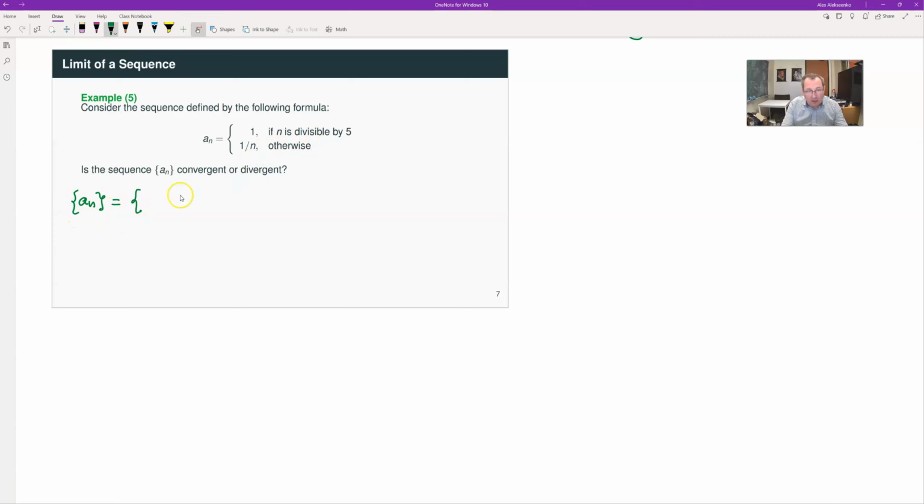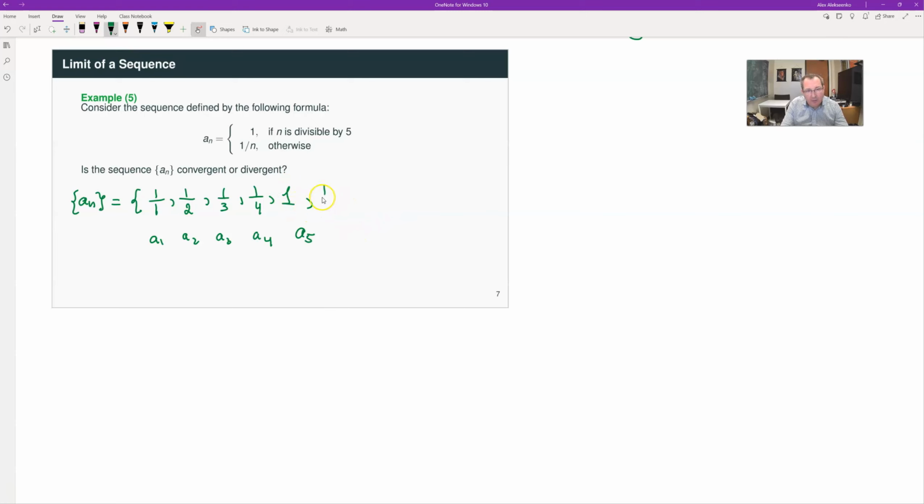All right, so n equals 1 is 1 divided by 1, and is not divisible by 5. N equals 2, 1 over 2. N equals 3, 1 over 3. N equals 4, okay, so it's A1, A2, A3, A4, 1 over 4. Now, A5, now the index is divisible by 5, so we get 1 here.